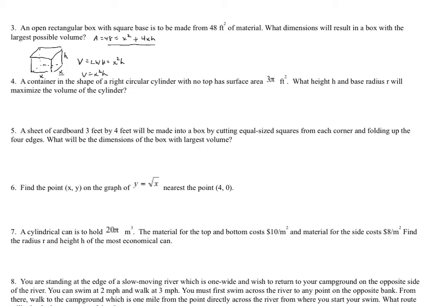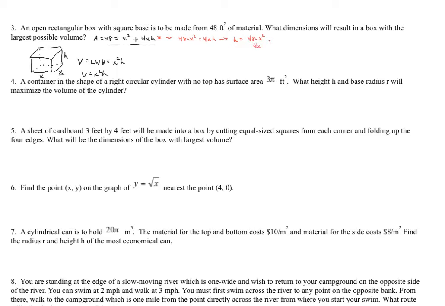So we're going to come back to this relationship and solve for h in terms of x. If we subtract the x squared to the other side, and then divide by 4x, we get h is equal to 48 minus x squared all over 4x.